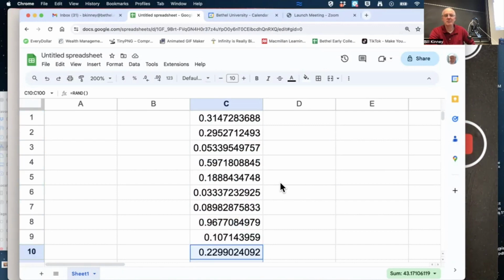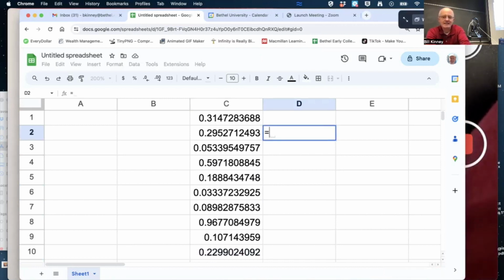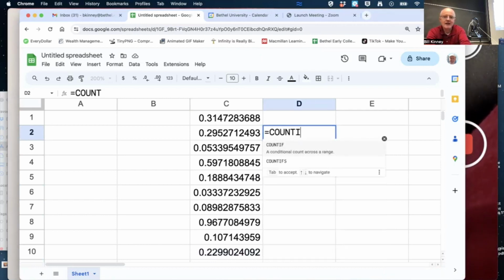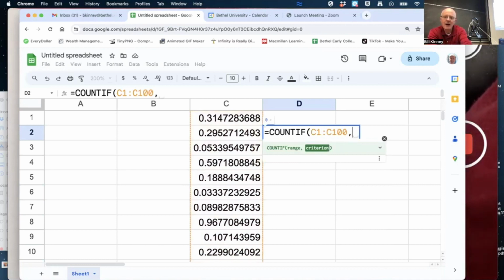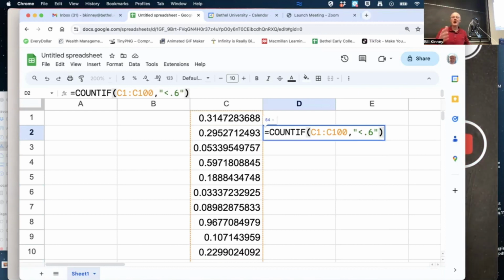Or what'll be easier to program is, let's say, less than 0.6. Equals COUNTIF in a spreadsheet used in this way, C1 colon C100, comma, in quotes, less than 0.6. That's going to count the number of numbers that are less than 0.6. Should be around 60 of them.